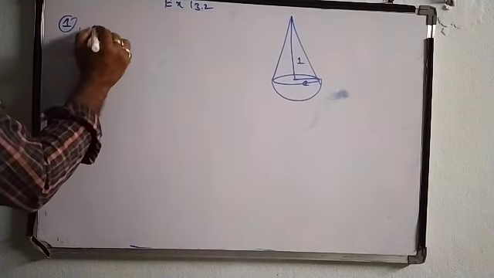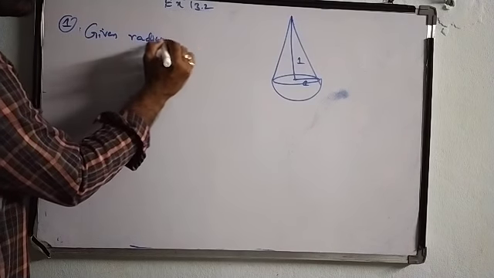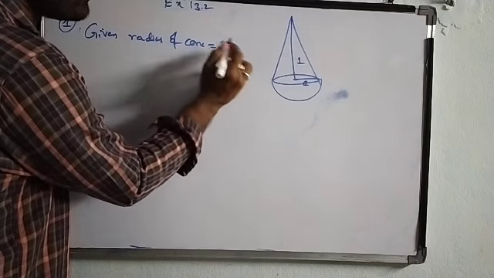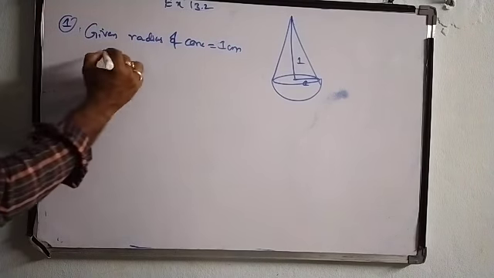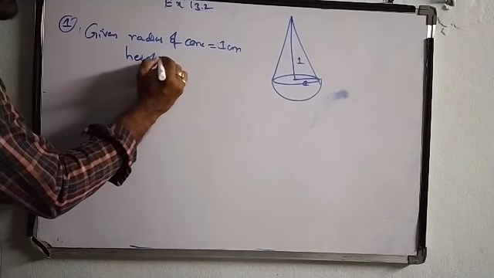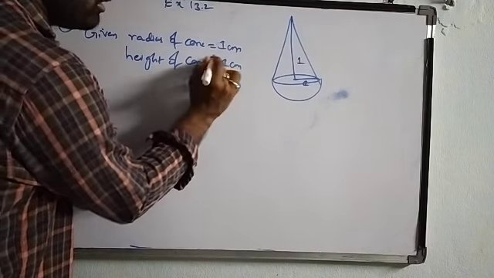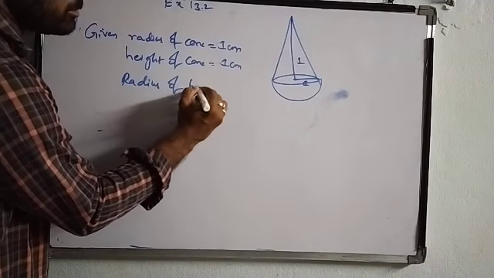So given radius of cone 1 centimeter, height of cone 1 centimeter, radius of hemisphere also 1 centimeter.